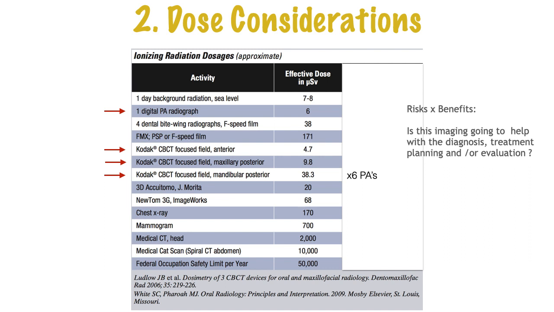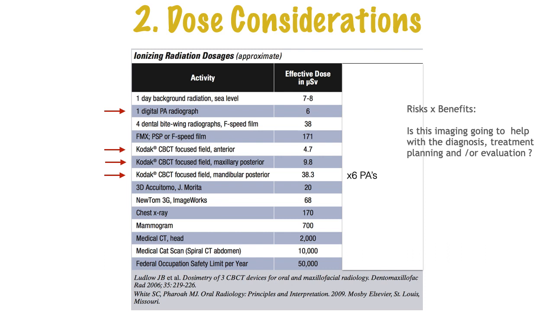the amount of radiation that they are going to be exposed to if we're taking an x-ray or if we're taking a CBCT scan. So let's look at the table together here, where we see different types of imaging. Some of them are periapical radiographs, or bitewings, and CBCTs, and there is iCAT, and medical grade x-rays, and CTs, and the effective dose in microsieverts.